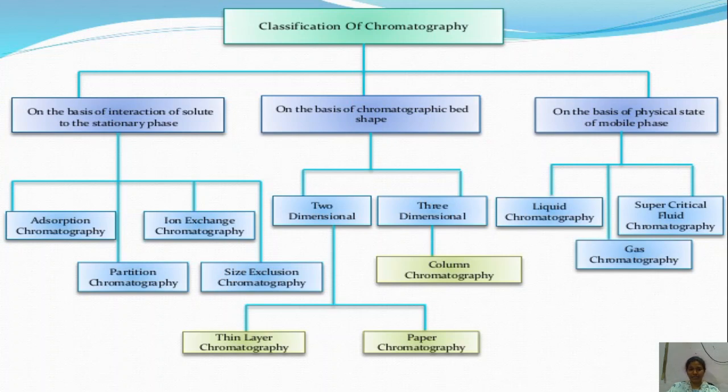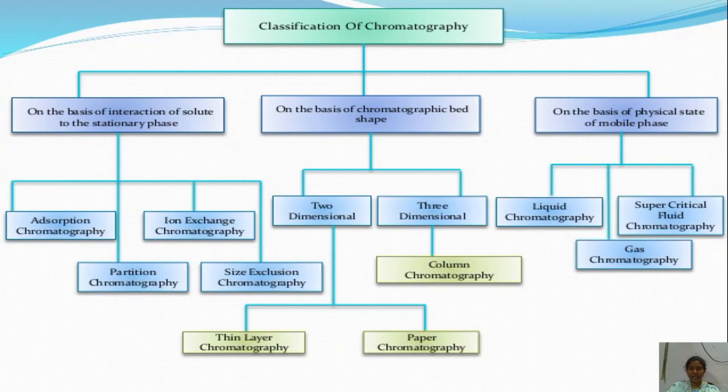Next type of classification is based upon the chromatographic bed shape. Here there are two types, two dimensional and three dimensional. Two dimensional is divided into two types: thin layer chromatography and paper chromatography.